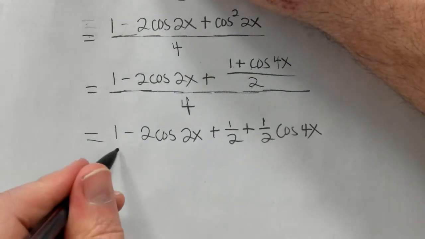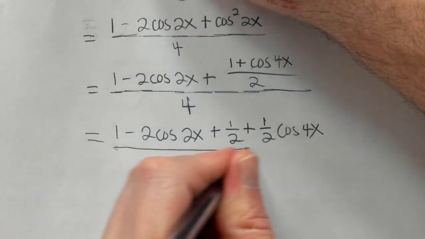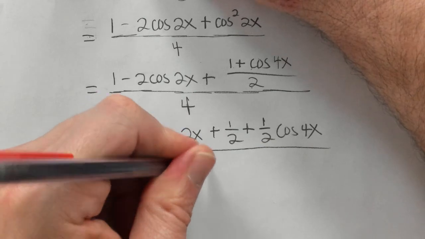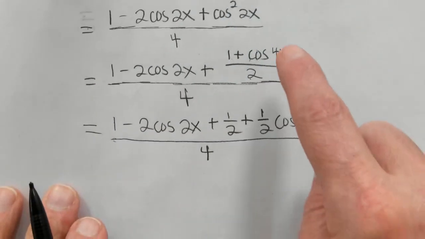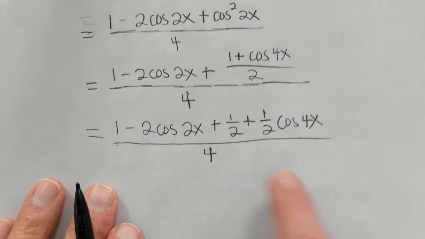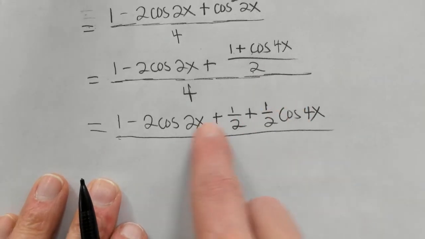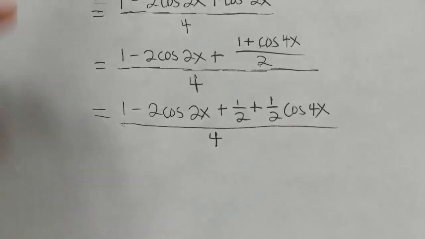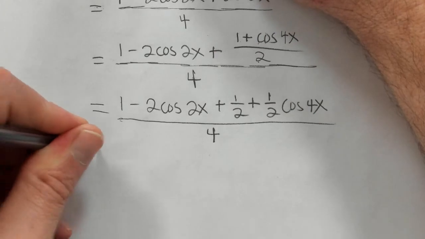All right, and then all this is still over 4. Okay, so at least it gets us away from that fraction over the fraction look, right? So now we just kind of got fractions in front of this, which is fine. Which you'll see how this simplifies here in just a moment.